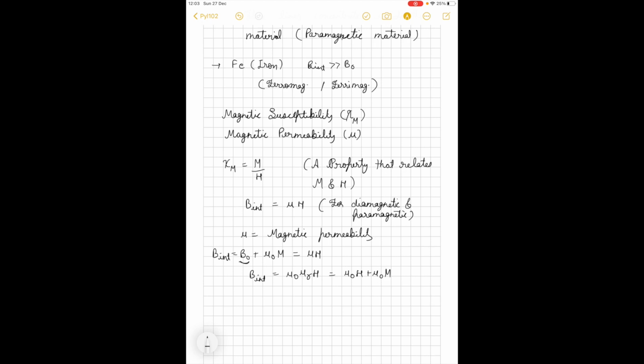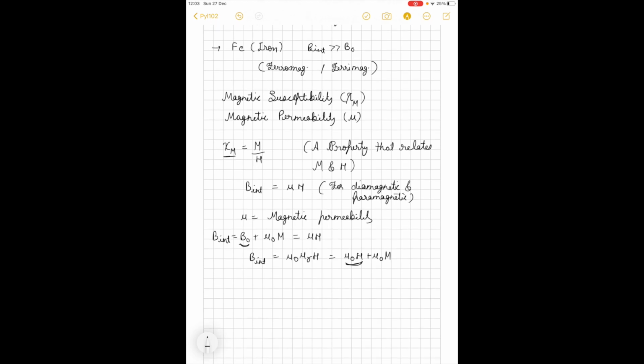So I just expanded B naught as mu naught H, and we are going to define mu in a similar fashion. Like there we had relative permittivity, here we will be having relative permeability mu R. So mu R is called the relative permeability, and we are going to establish a relation between chi m and this mu R. So from here, if we solve it, we can get that M is equal to (mu R minus 1) H, right?